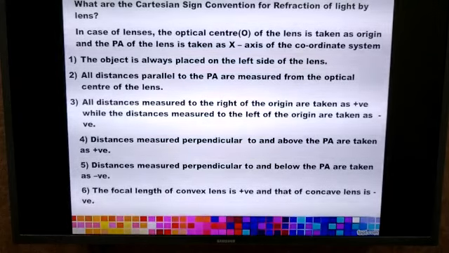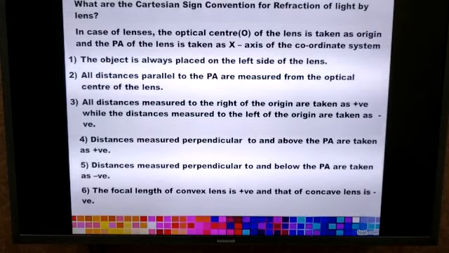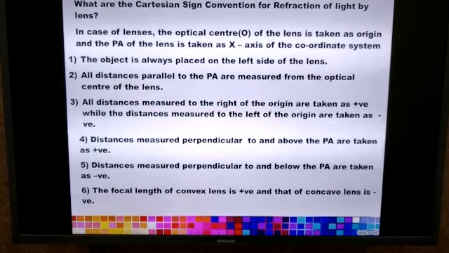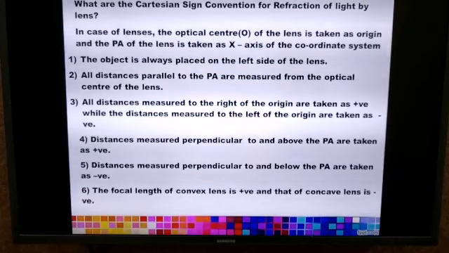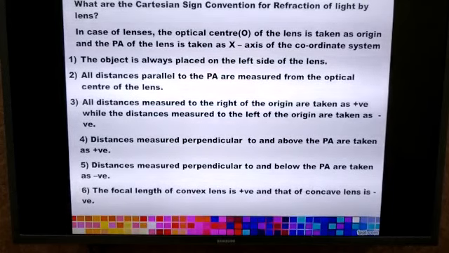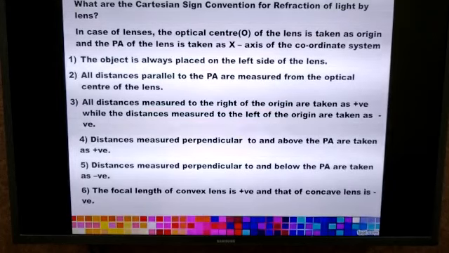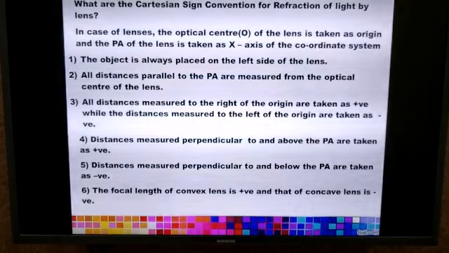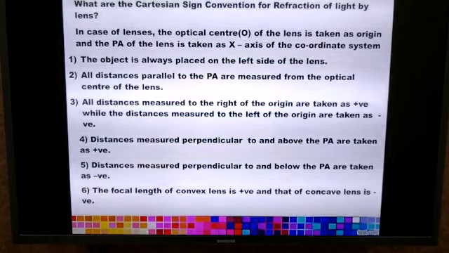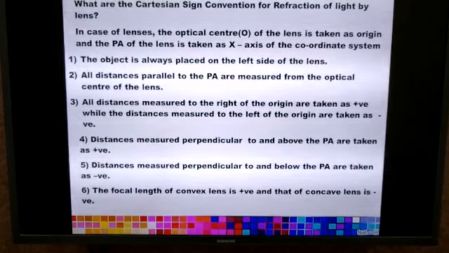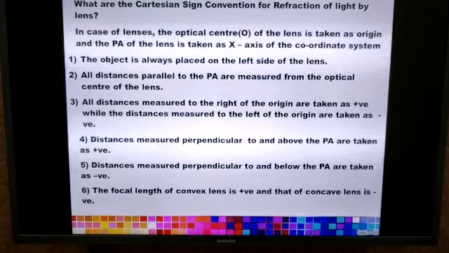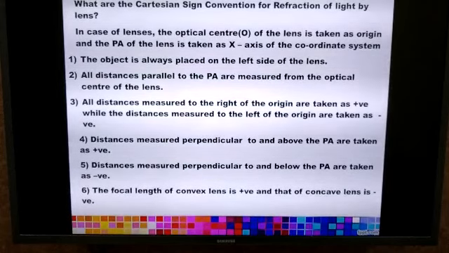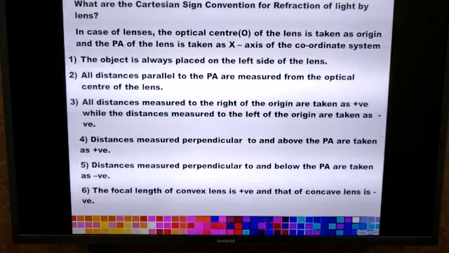Let us see the Cartesian sign convention for refraction of light by lenses. In case of a lens, the optical center O of the lens is taken as the origin, and the principal axis of the lens is taken as the x-axis of the coordinate system. So the Cartesian sign convention for lenses is similar to that of a spherical mirror, isn't it? What is the first sign convention? The object is always placed on the left hand side of the lens. Second, all distances parallel to the principal axis are measured from the optical center of the lens.